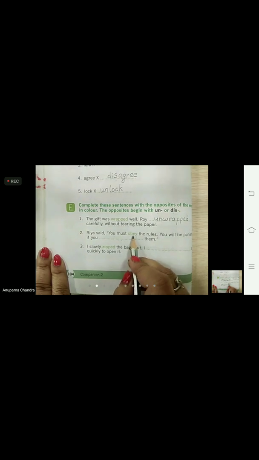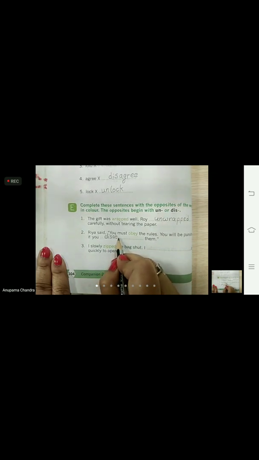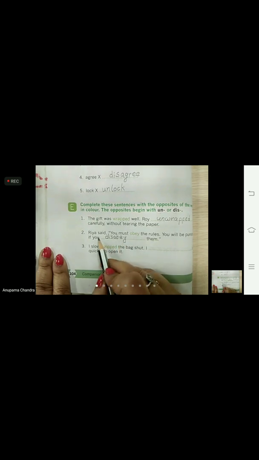And to make the opposite of obey, we will add dis in front of the word obey. Dis, O-B-E-Y, obey, disobey. So that makes the opposite of the word.